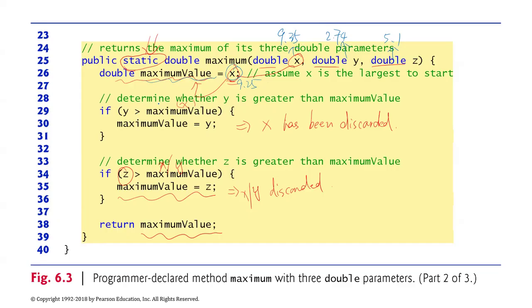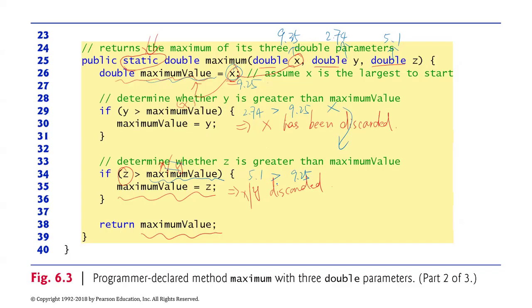And then we are going to determine whether y is greater than maximum value. Here, y is 2.74, compared to 9.25. Okay, this is not valid, so we will skip that. And here, we still keep the maximum value as x. That means it's supposed to be 9.25, right? And how about z? z is 5.1. Let's compare.